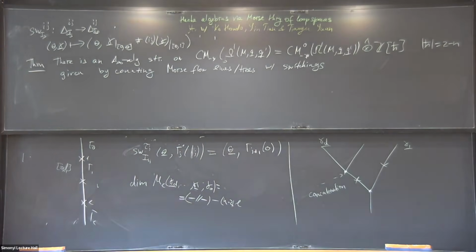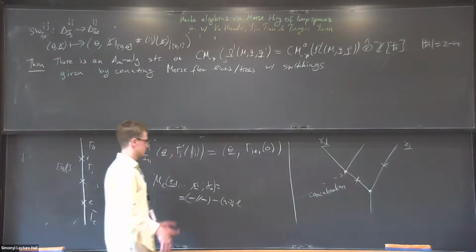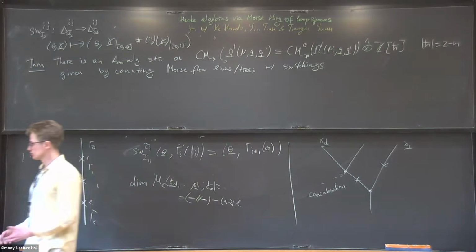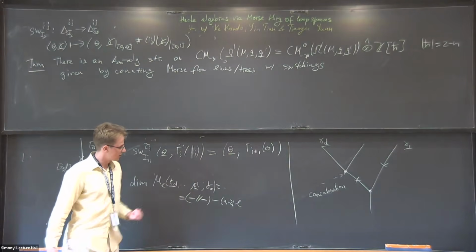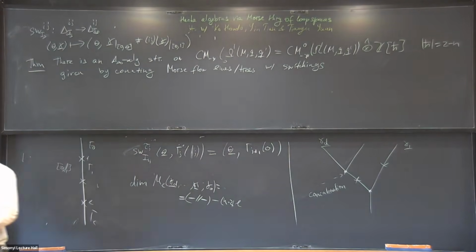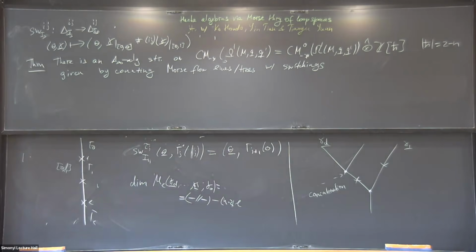So each time you intersect this diagonal, that's a codimension n minus 2 condition. If n is bigger than 2 and you fixed your geodesics, then you know that you will not switch more than a fixed number of times just by index considerations, which is not true for n equals 2. That's why we need power series.